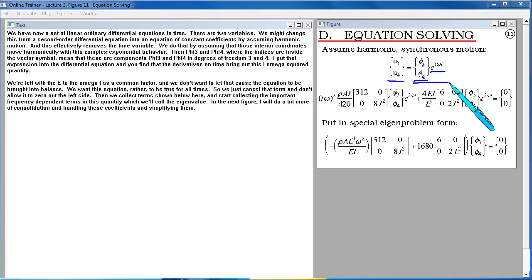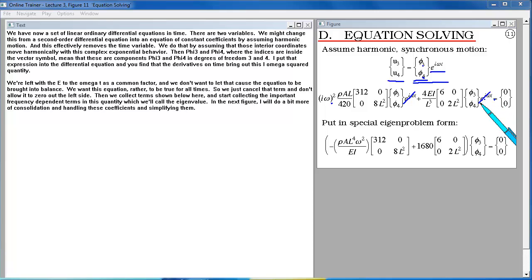I put that expression into the differential equation, and you find that the derivatives on time bring out this i omega squared quantity. We're left with the e to the i omega t as a common factor, and we don't want to let that cause the equation to be brought into balance. We want this equation rather to be true for all time.